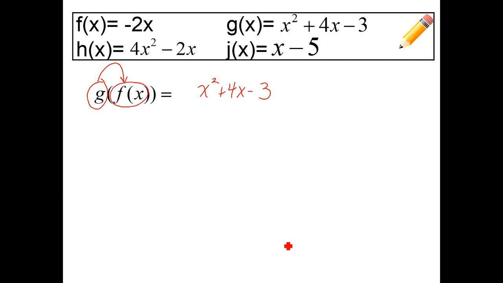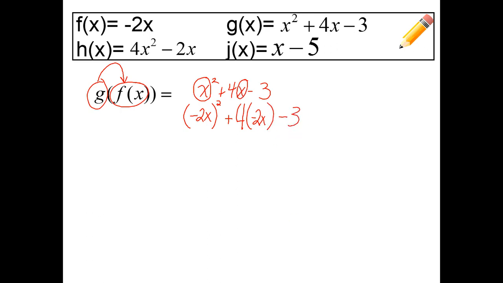So there's an x here and there's an x here, and they're both going to be replaced with the f function. So it's going to become negative 2x, because that's the f function, squared, plus 4, and then negative 2x goes where that x was as well, and then the minus 3.